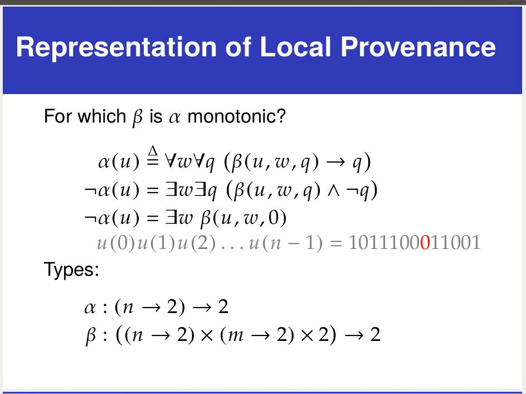Now on the right hand side, if we mirror this operation, there's a bigger bit vector that has a part called u and a part called w. In the part called u we reset some bit, and now if we want the whole right hand side to still evaluate to 1, that means that we should be able to find some w extension of the u part that satisfies beta, that gives us a model of beta.